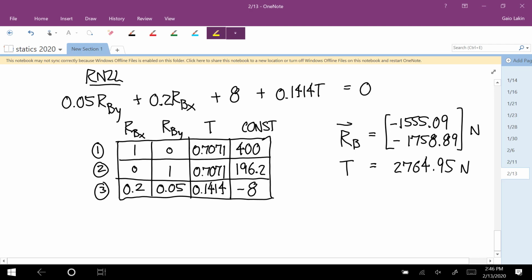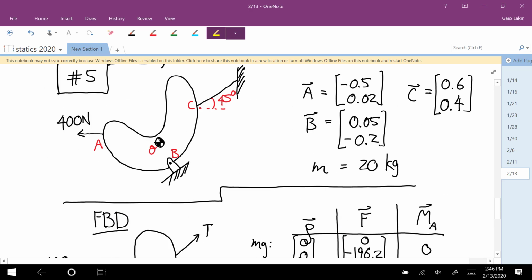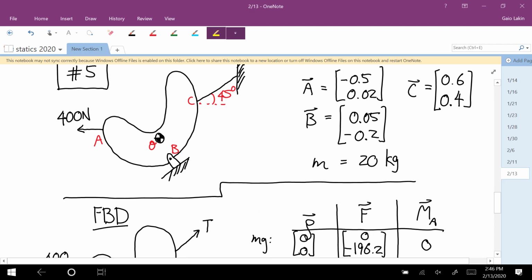The coordinates for RD also check out as well. They're both going negative. That doesn't matter, because with our coordinate system, that's saying the force direction is in the third quadrant. This thing is trying to move opposite that, and it's fighting it by pulling this way.